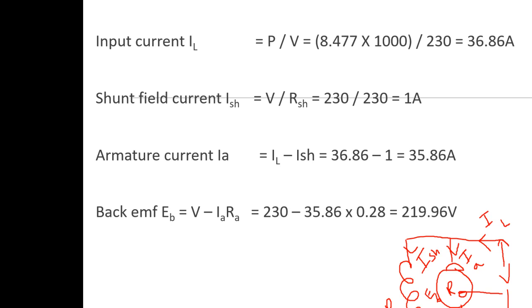So here IA is equal to IL minus ISH. Okay. So hence this IA will be 35.86 amps.